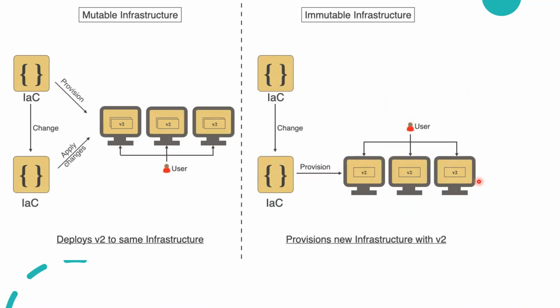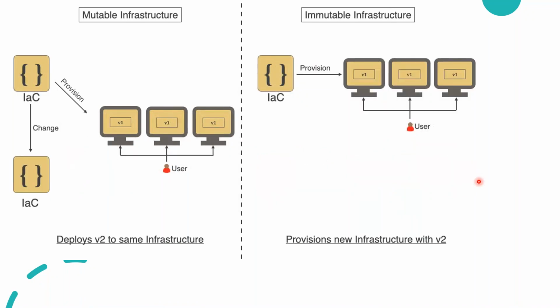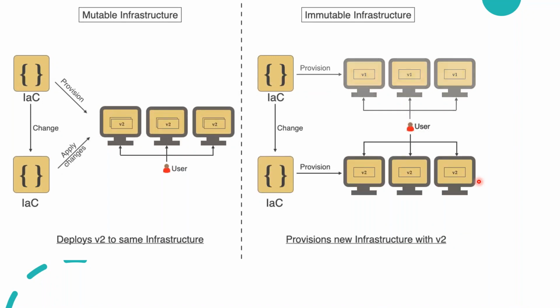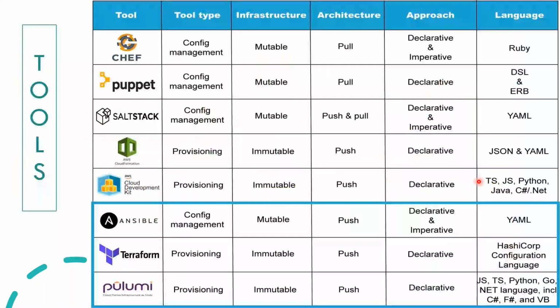So there are two different things. One is provisioning the system and the other is configuration management. These are the two important concepts. And when it comes to DevOps, there are a lot of different tools in the industry. When you talk about configuration management of an existing system, we use tools like Chef, Puppet, SaltStack, and Ansible.